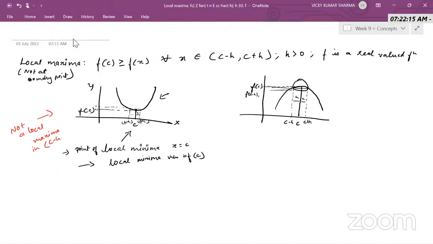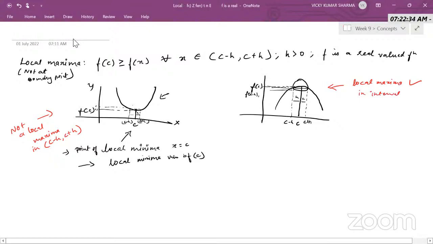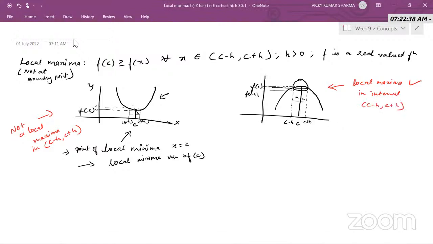Sorry, local minima, yes. Over here, this is giving you local maxima. So I can say this is giving me local maxima, and it is understood that in this interval, you can mention that always, so that this is going to happen in C minus H to C plus H.